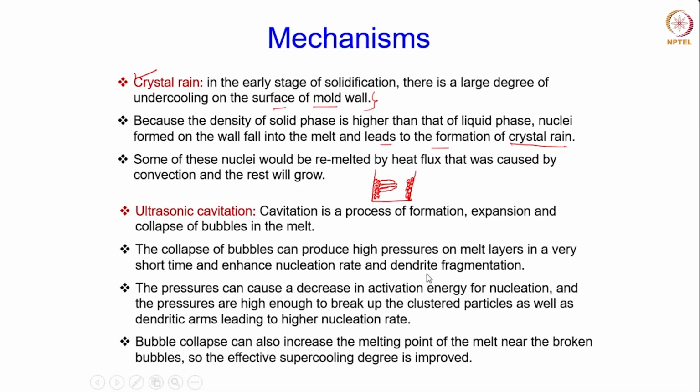Okay, we have seen before, higher the nucleation rate, finer will be the grain size, and just now we talked about the dendrite fragmentation which leads to grain refinement. So this collapsing of bubbles due to the cavitation achieved by ultrasonication will actually lead to high nucleation rate and dendrite fragmentation, which ultimately will give rise to grain refinement.